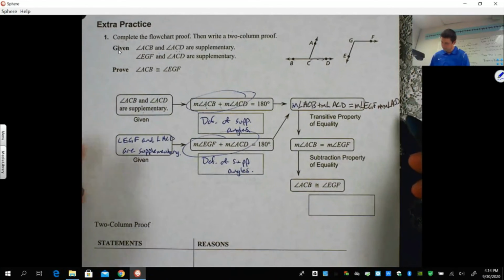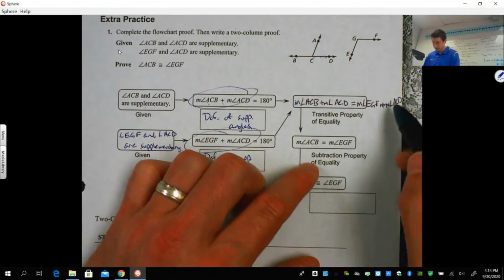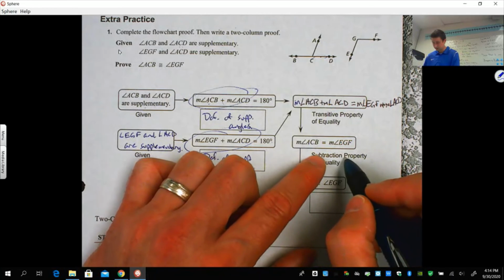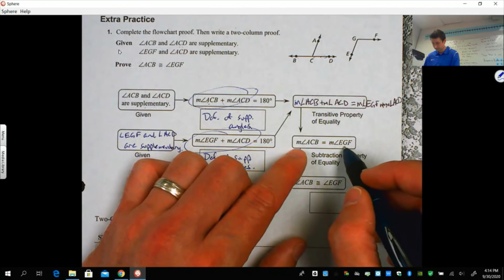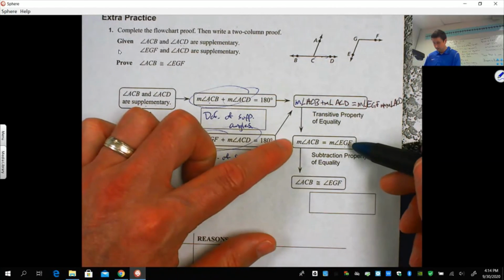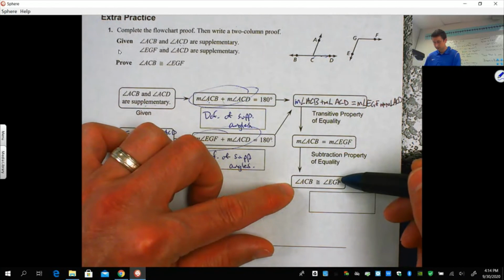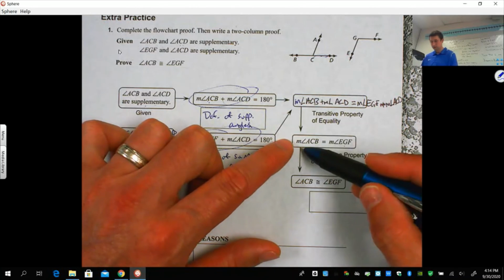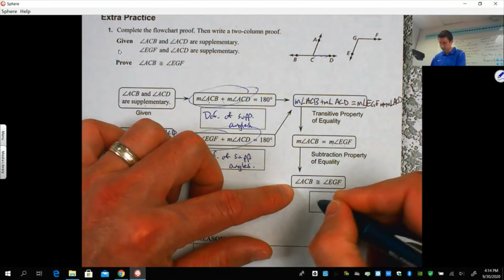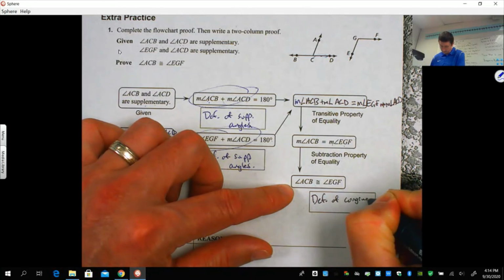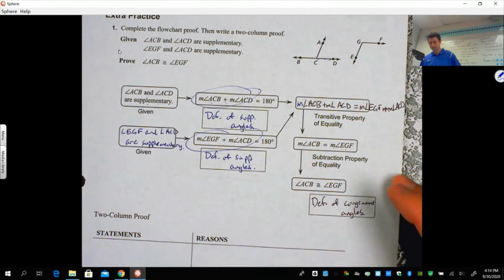That's the transitive property. They did a step here, subtraction property of equality. And then right here, they went from a measure of the angle to the angle being congruent. So they switched it. The measures, remember, are equal. This one is just going to be the definition of congruent angles.